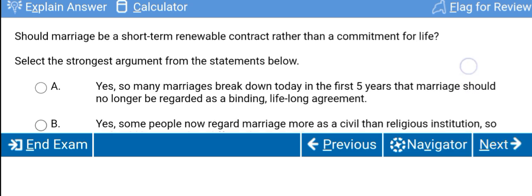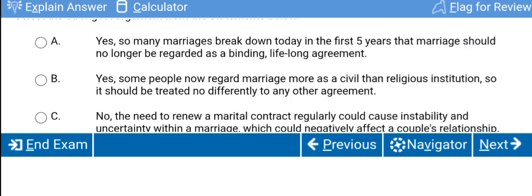Option A, yes. So many marriages break down today in the first 5 years that marriage should no longer be regarded as a binding, lifelong agreement. Option B, yes. Some people now regard marriage more as a civil than religious institution, so it should be treated no differently to any other agreement.